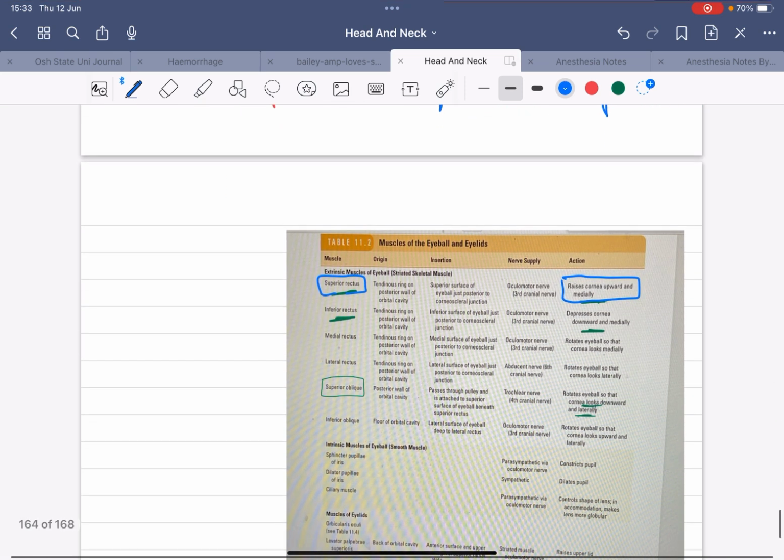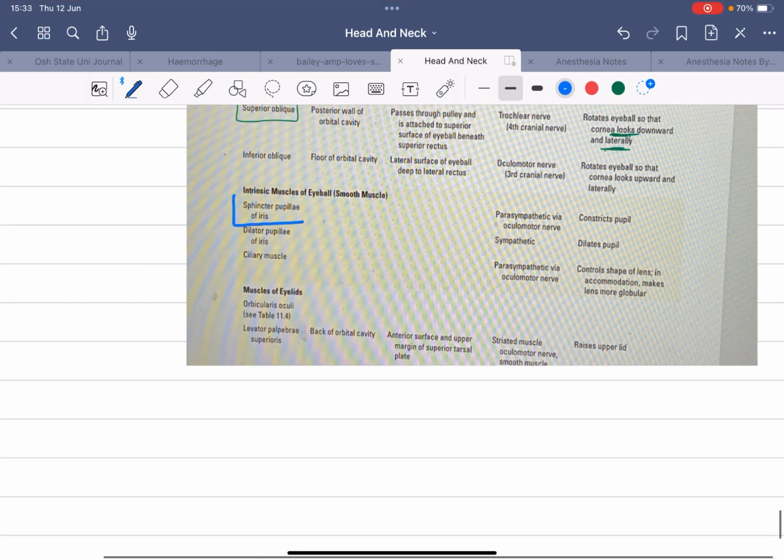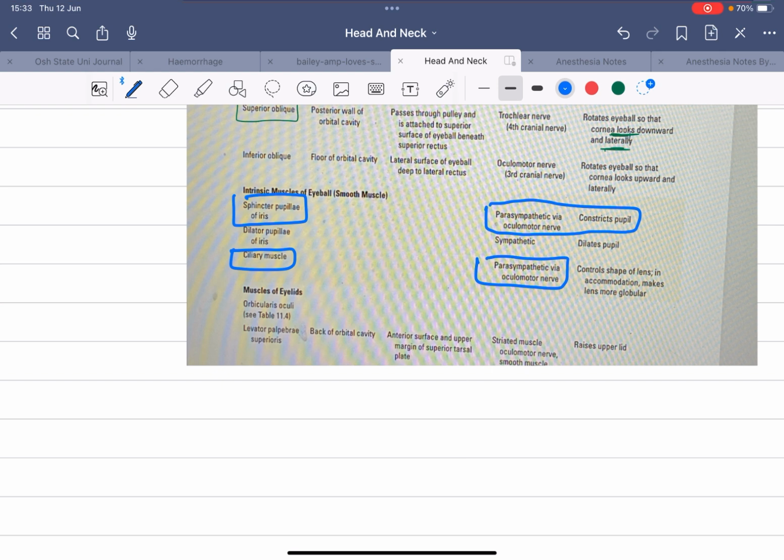See here, the sphincter pupillae of the iris, parasympathetic, constricts the pupil; the ciliary muscle, parasympathetic via the oculomotor nerve. So these two are through your ciliary ganglion, for accommodation and constriction of the pupil. It is through your Edinger-Westphal nucleus, which is your third cranial nerve nuclei.